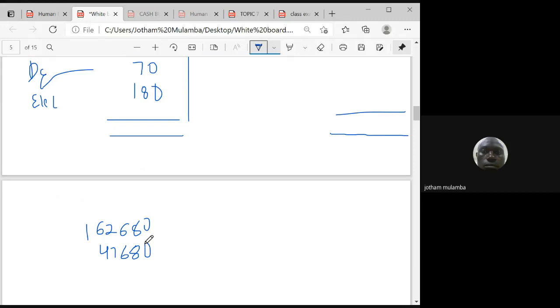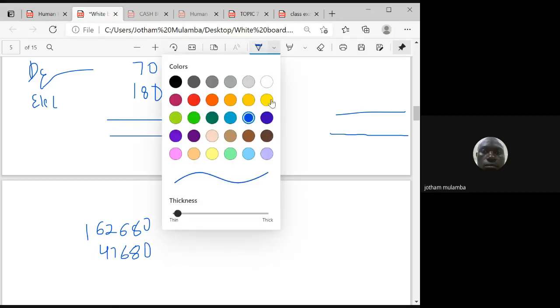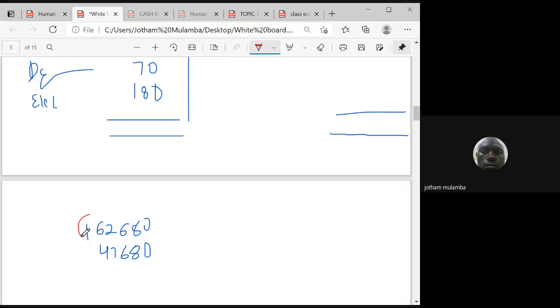In our day-to-day life, we usually do shopping for some of the items that we require to use for the entire month. So if we use that as an example, at the beginning of the month, we did shopping for goods worth 162,680.